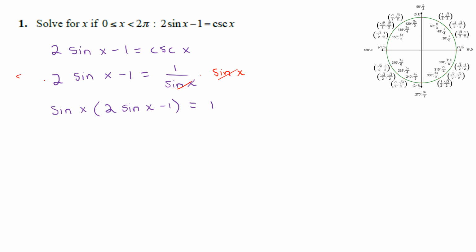I multiply this on the left-hand side, and I get the following. Next, let's distribute the sine x. So I'll have 2 sine squared x minus sine x equals 1. I'm going to write this as a quadratic equation by subtracting 1 on both sides and setting the quadratic equal to 0.